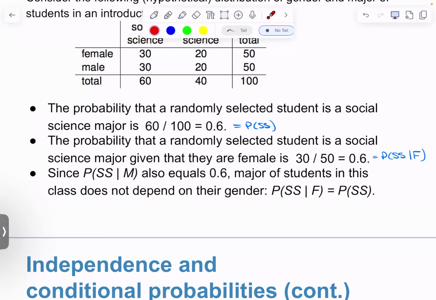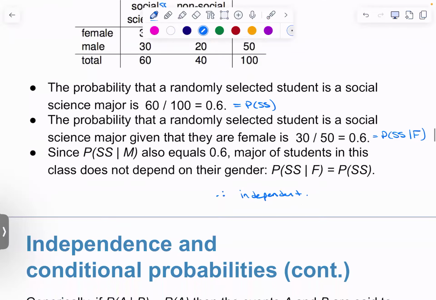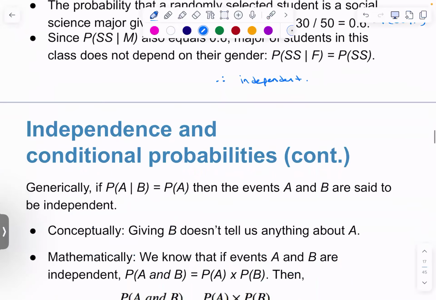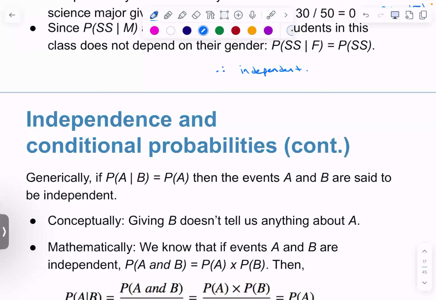Knowing if they're male or female doesn't change the probability of being a social science major. And so that's, by definition, they're independent. So therefore, they're independent. That's what it would look like if they were independent.